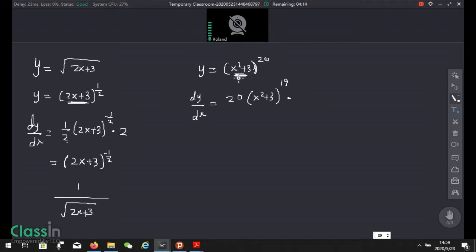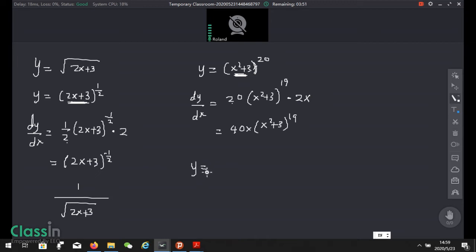If we differentiate x squared plus 3, we have 2x. So this is the same as 20 times 2x, that gives 40x (x squared plus 3) to the power 19. If you use the chain rule, you get the same thing. We can go on and on and on. Let's take the last example.